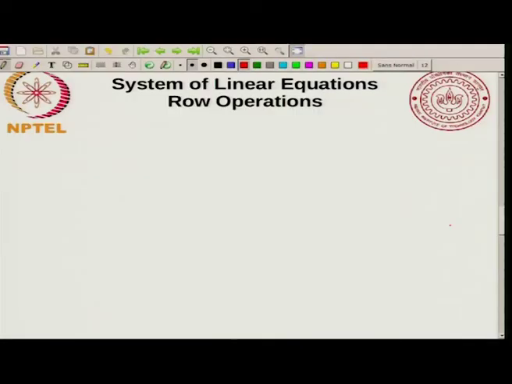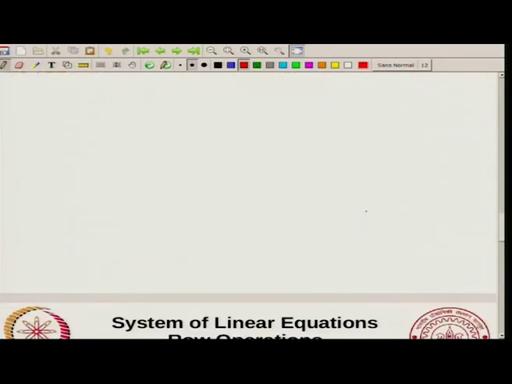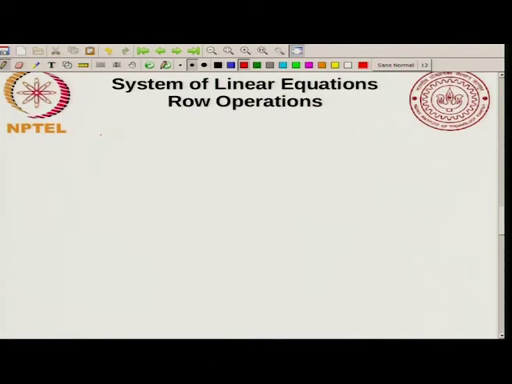So let's just take one of the examples that we had. Suppose I take x plus y plus z equal to 2, and I take 3x plus 2y plus z equal to 5, and I take x minus y plus 0 times z, x minus y, I want it as 1.